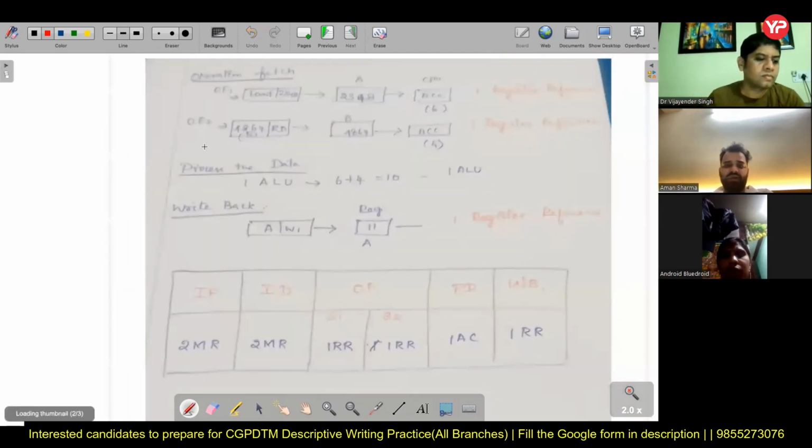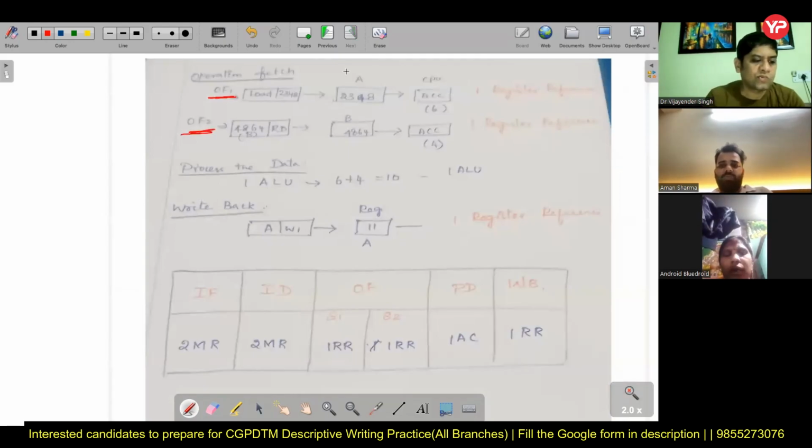Similarly for the second instruction, here you have fetched both operands. Now A, which you are fetching, will be done in instruction one only. So this will be fetched from the accumulator, and B will be fetched here. So it will be one memory reference, but it will not be stored in the accumulator. It will be stored in the TR.